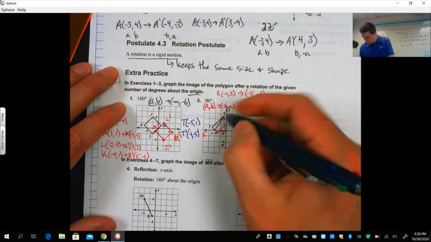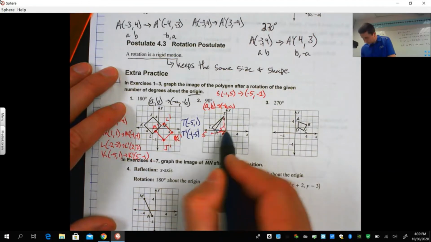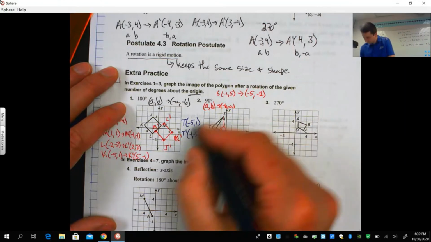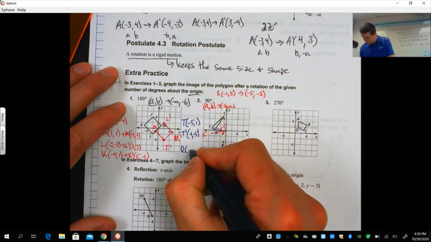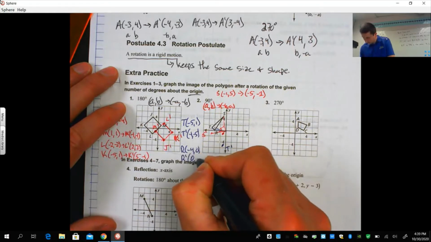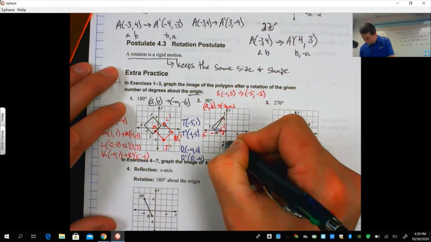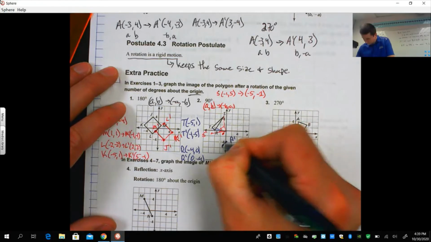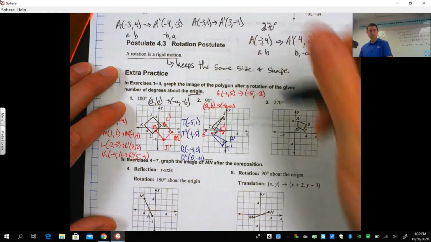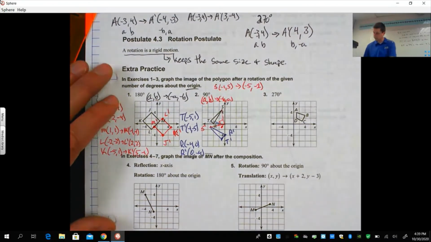There's T prime, and again, I'm imagining, okay, if I go to the origin, then I go down to that, looks about 90 degrees. R is at negative 4, 0. R prime, opposite of B would be 0, negative 4. There's our triangle, rotated 90 degrees counterclockwise around the origin.